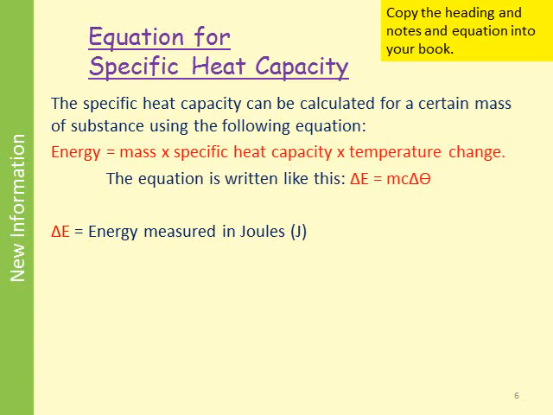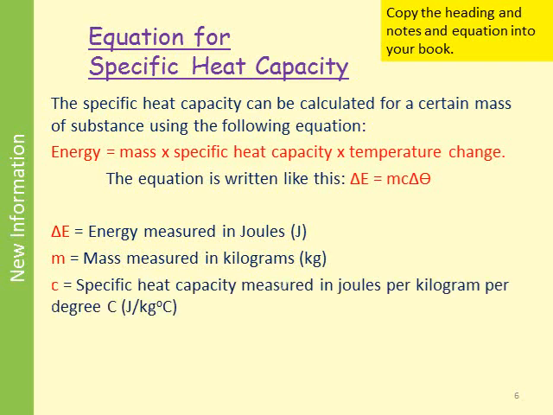Very importantly, the unit for energy is joules, written with a capital J. Mass here for the equation is measured in kilograms, so if you're given it in grams, you change it to kilograms. C stands for the specific heat capacity, and it's a bit of a complicated unit, but if you look at it, joules per kilogram degrees Celsius, because you're looking at the amount of energy that's going in to raise 1 kilogram of the substance by 1 degree Celsius.